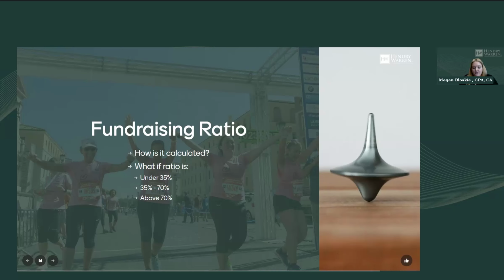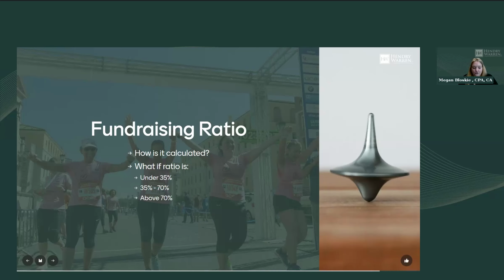When we talk about the fundraising ratio, the CRA has set out 3 different categories of percentages. So if the fundraising ratio is less than or equal to 35%, it is very unlikely that the CRA will raise any concerns or ask any questions about the fundraising activities of the organization, as below 35% is normally considered the acceptable range.